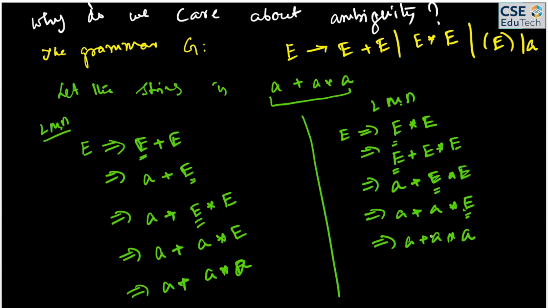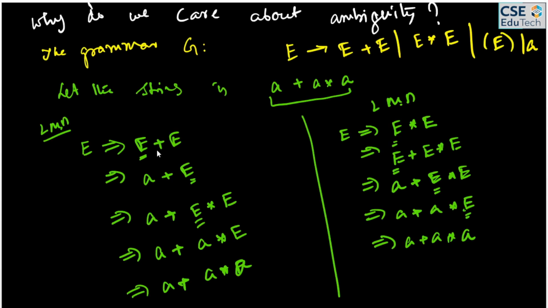So what we have seen? For the string A plus A multiplication A, we have obtained two distinct leftmost derivations. Now if we draw the parse trees for these two leftmost derivations, they will look like this.